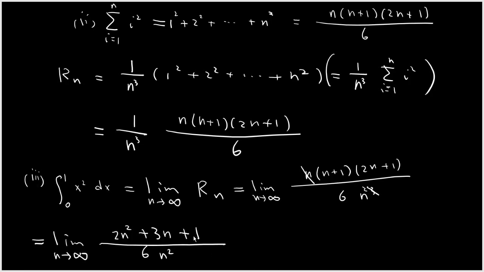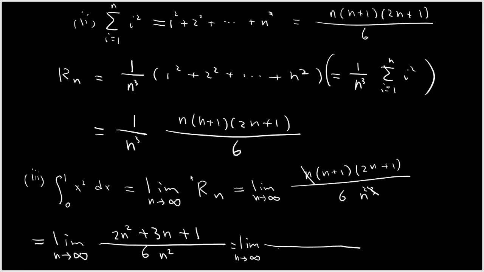Anybody want to tell me how we can proceed? We take the limit of a quotient of two polynomials as n approaches infinity. The numerator is a polynomial of degree 2, the denominator is a polynomial of degree 2. The trick we mentioned before is to divide the numerator and the denominator by what? By n squared.